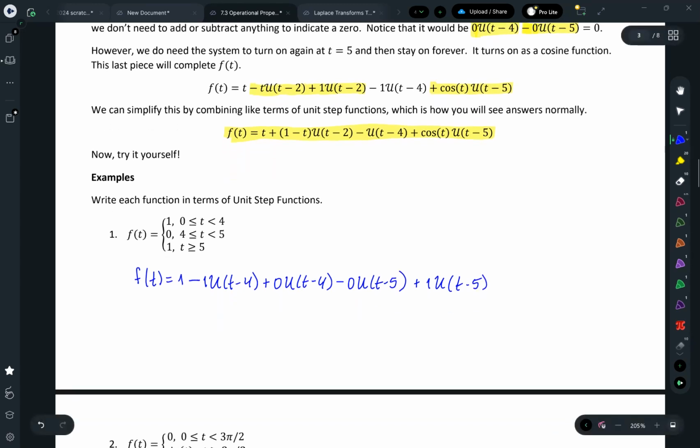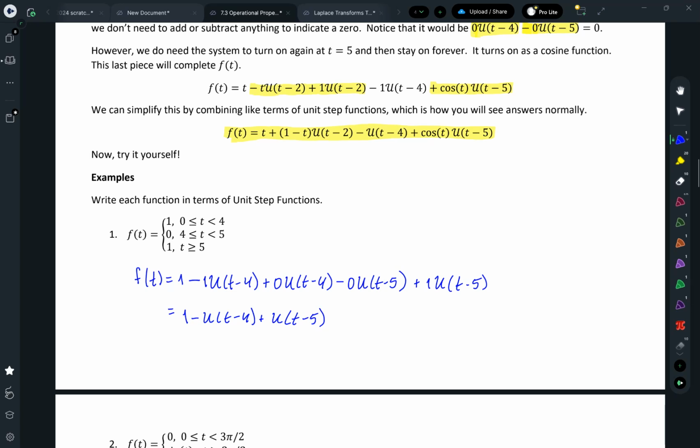So when we rewrite this, the 0 terms go away and we're left with 1 minus u of t minus 4 plus u of t minus 5. And that's it. Oftentimes, the simplified form of f of t doesn't necessarily give us information about what the piecewise function looked like because we lose some pieces, like the zeros.